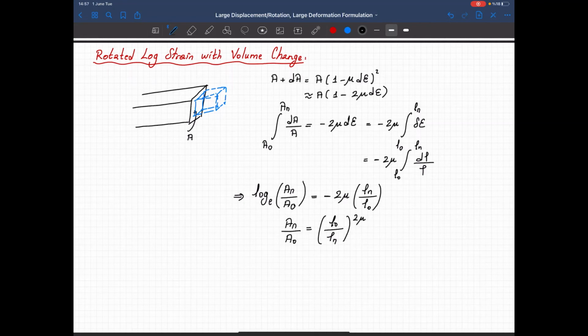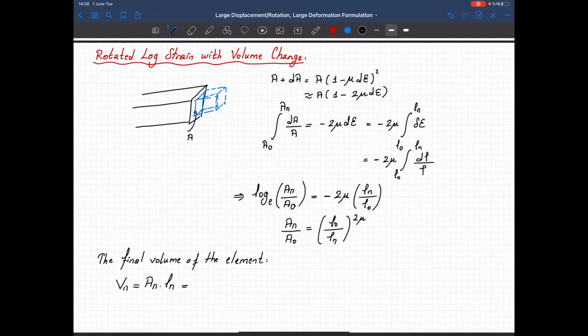So the final volume of that element will be equal to the final area multiplied with the final length.